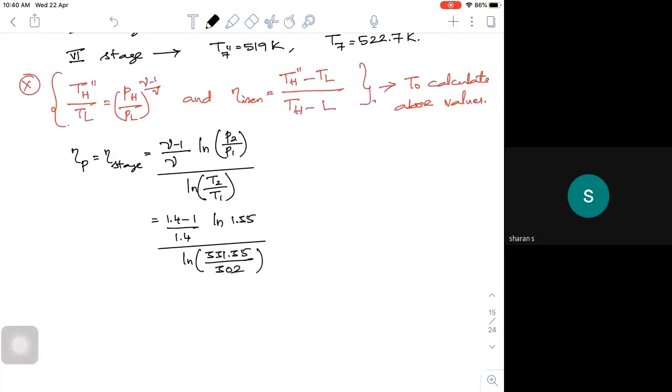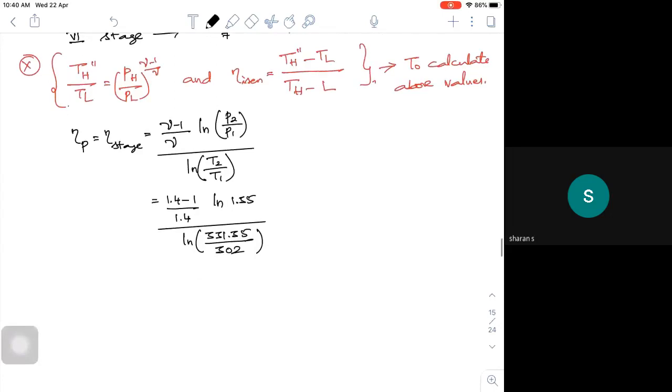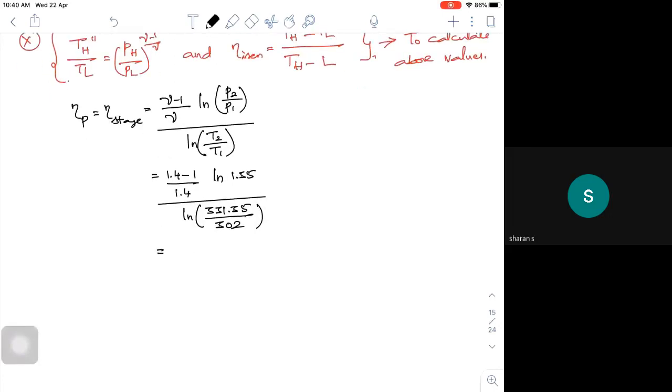If I calculate it, I am getting the polytropic efficiency as 92.45%. You can round it off to 92.45 or 92.5%. This is my polytropic efficiency.